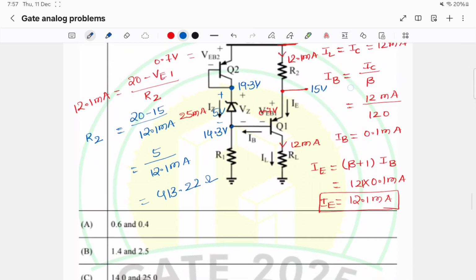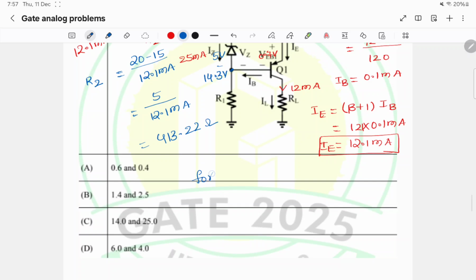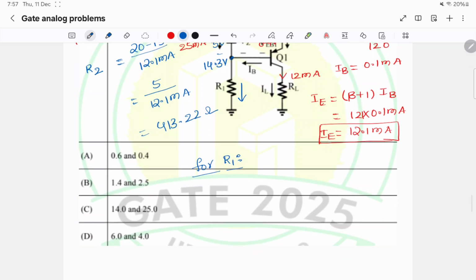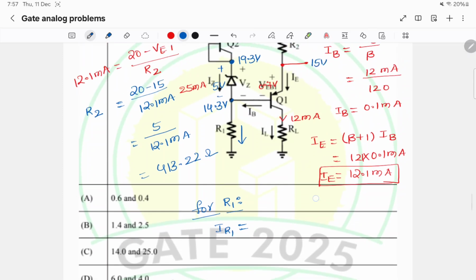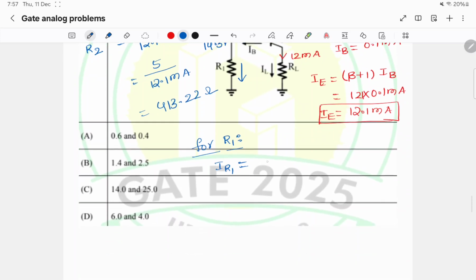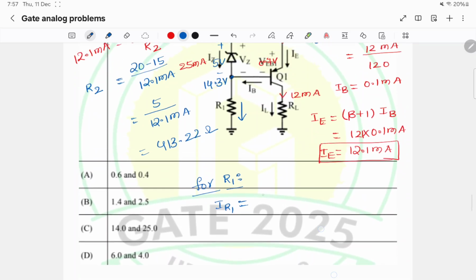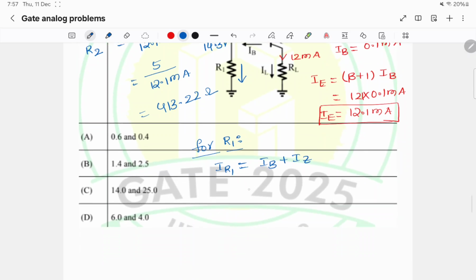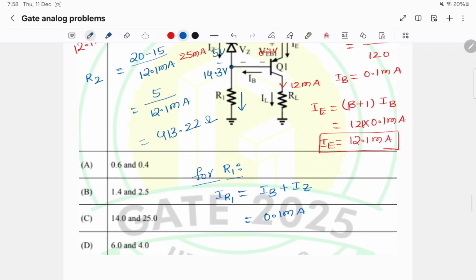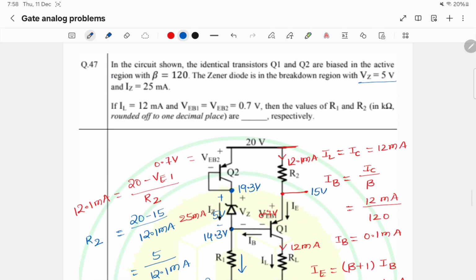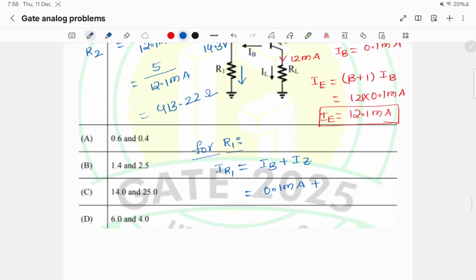And we have to find the R1 value. For R1, the current flowing in R1, IR1, is IB plus IZ. IB is 0.1 milliamp plus it is given that IZ is 25 milliamps.